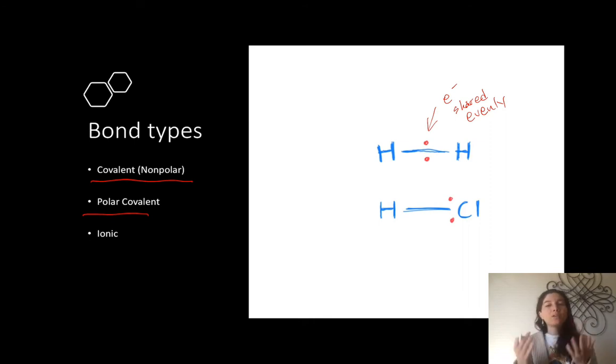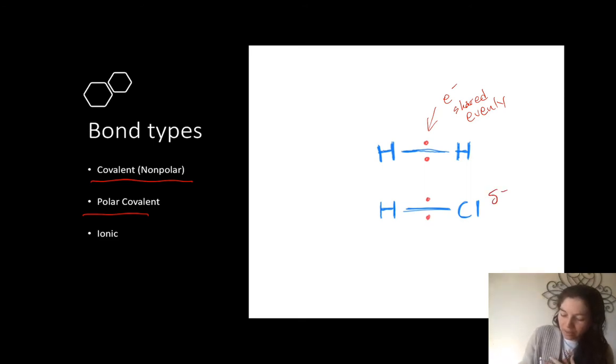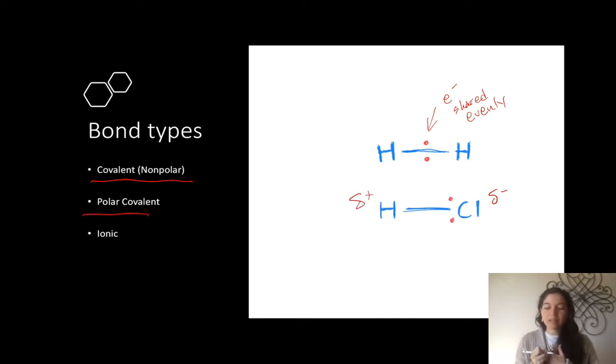So you might start with your electrons in the center, the energy center, and then they're going to work their way over to the more electronegative atom. So in this case, this would be a partial negative and a partial positive. You can see the electrons reside more on one side of the molecule than the other. So that's what we call polar covalent. And these have our partial positive, partial negative charges.